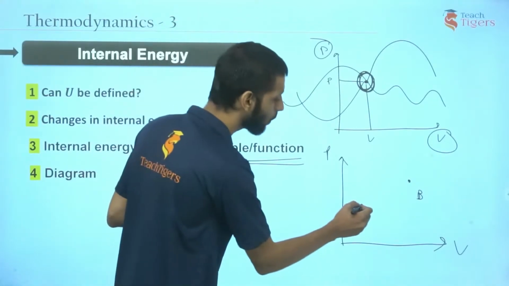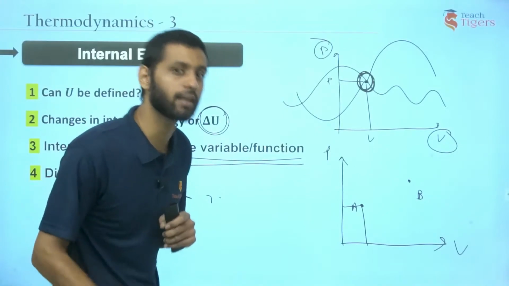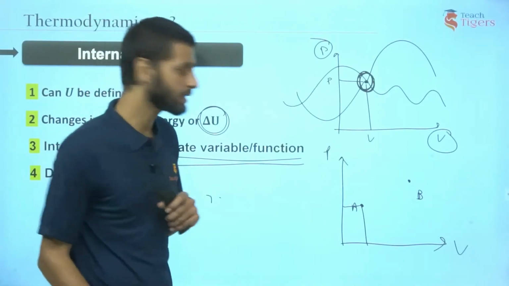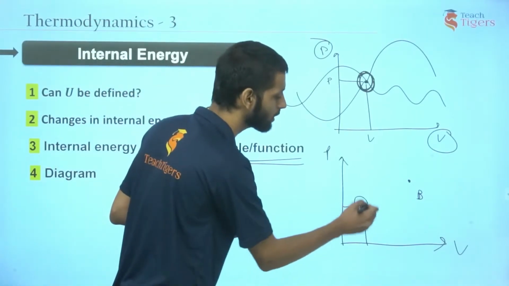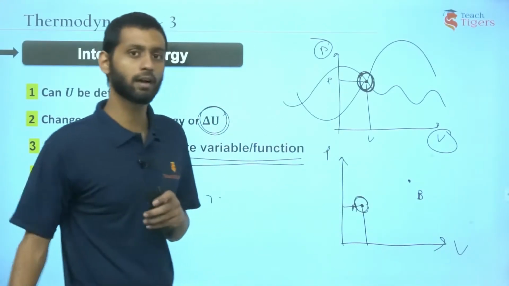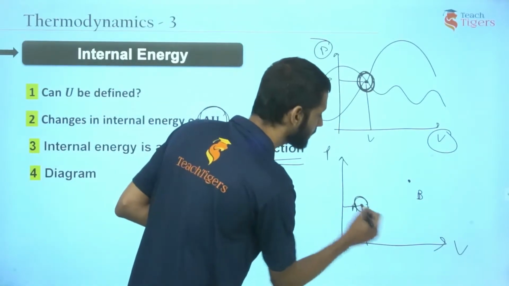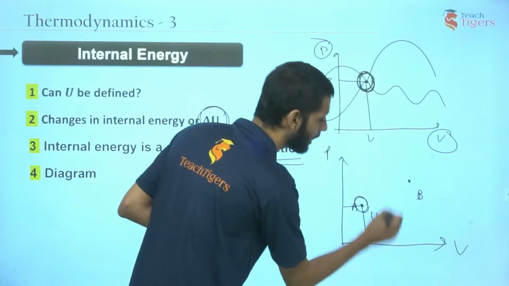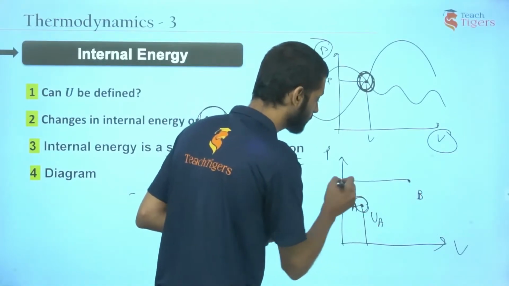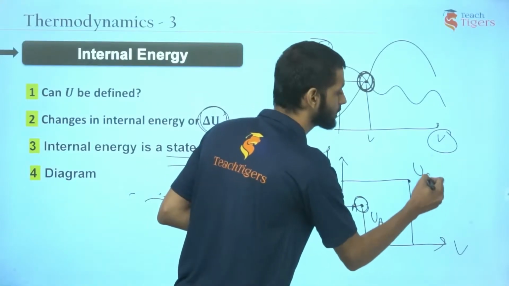At this point, is internal energy defined? The answer is yes, it's a state function. Once you fix pressure and volume, your internal energy is also fixed. So you can write internal energy at point A. At point B, once I fix state variables, I have UB also fixed.